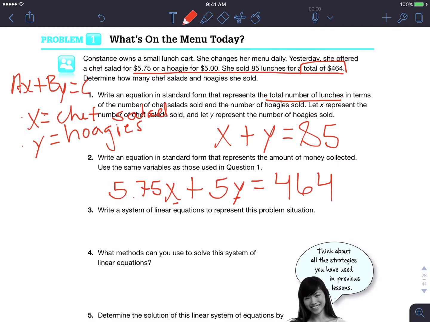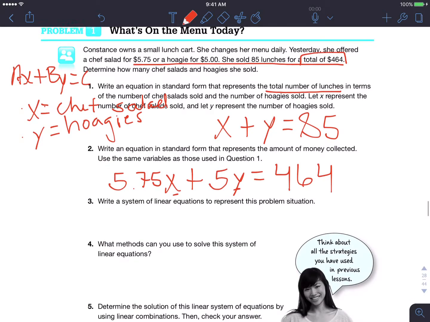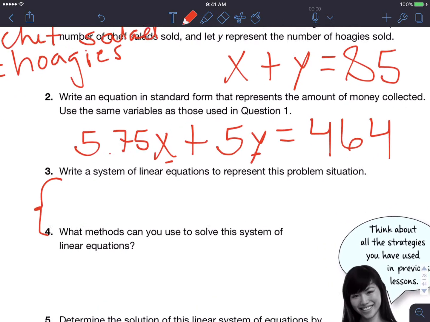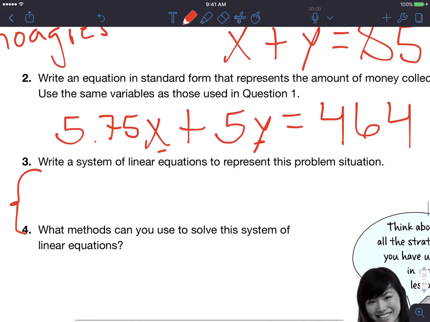Okay? So number 3, write a system of linear equations to represent this problem situation. Okay, easy question. So remember that a system of linear equations is basically just both equations that we just wrote down. So we have 1 right here, and we have 2 right there. And let me try to write this a little neater.